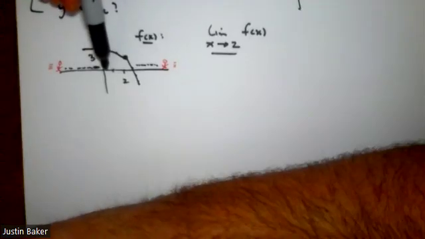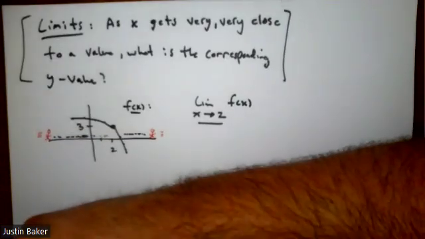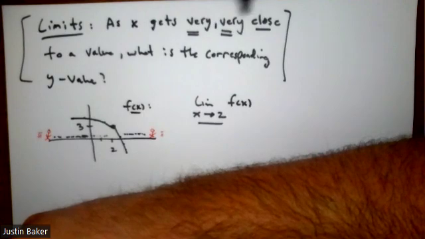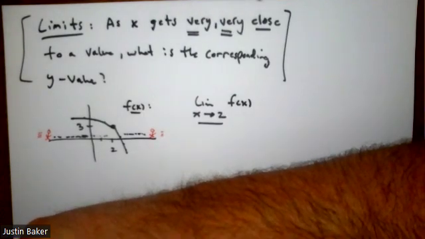As these guys get closer and closer to 2, remember our definition we just said a second ago: a limit is as x gets very, very close. It never quite gets there, but it gets so close that we're pretty much there.